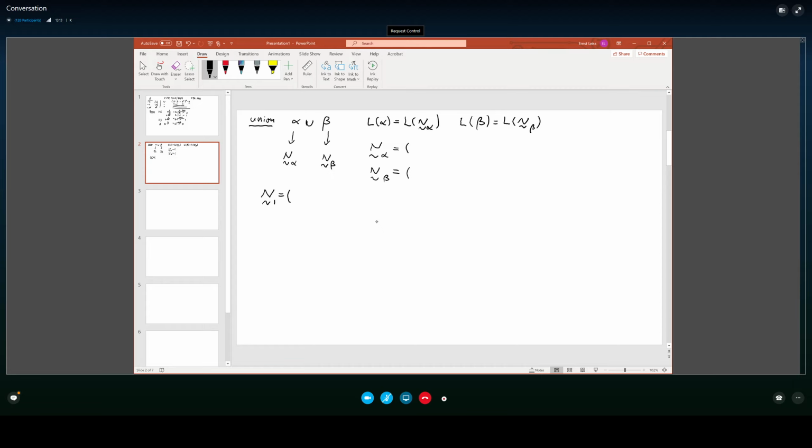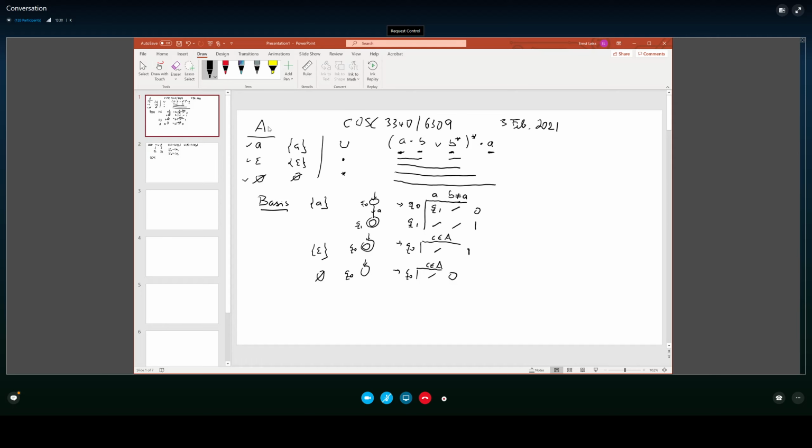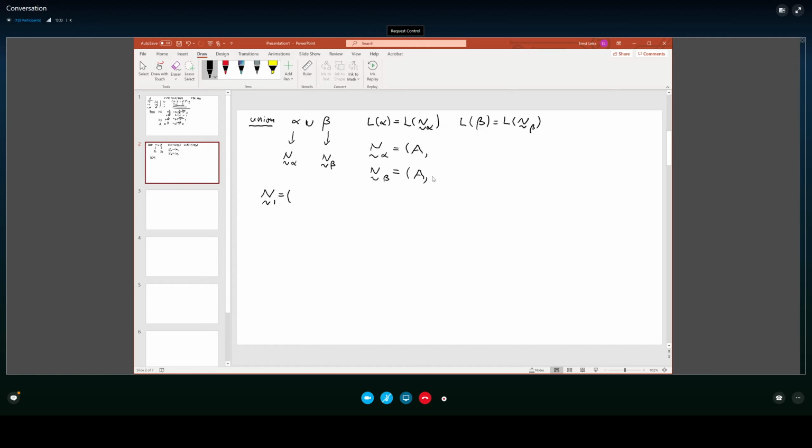So n sub alpha obviously has an alphabet, and in fact we can clearly assume that both non-deterministic finite automata have the same alphabet, because a regular expression is over a fixed alphabet, and therefore that alphabet is always going to be the same. And then we have a set of states, let's call it q sub alpha for n sub alpha, and a set of states q sub beta for n sub beta. Now there is a little bit of a sleight of hand. Let's go first tau alpha and tau beta.